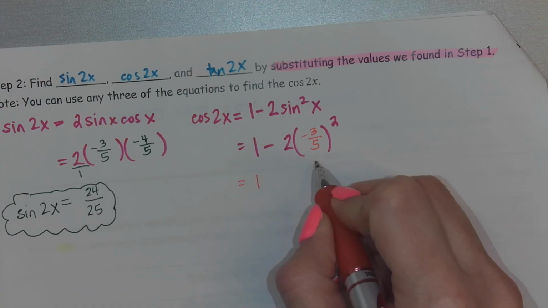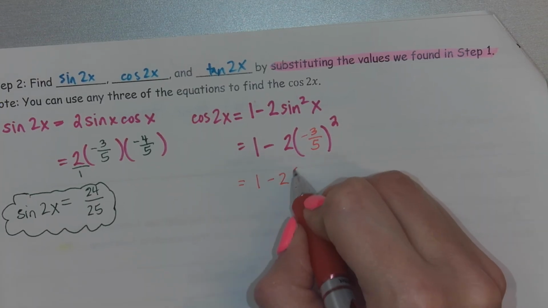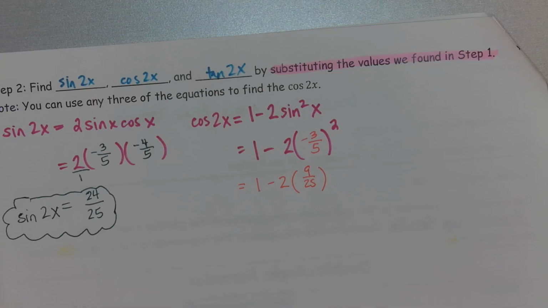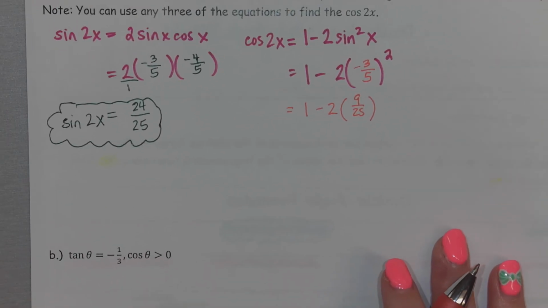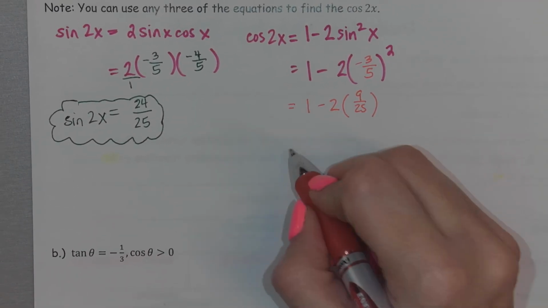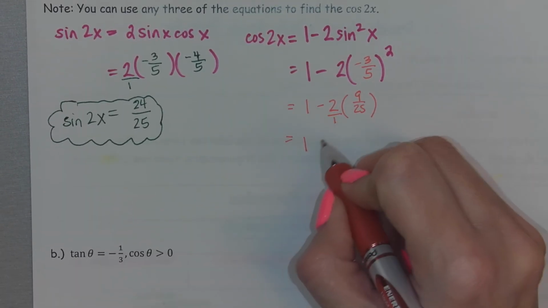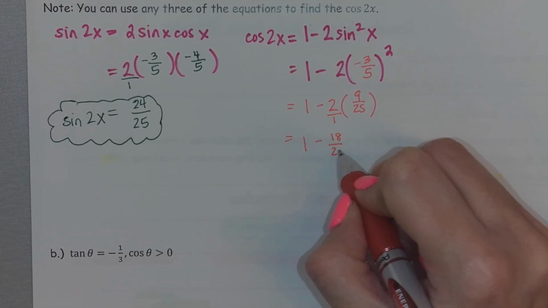All right, so if we do order of operations, we have to square first. So you get 9/25. Okay, and then here you have -18/25.